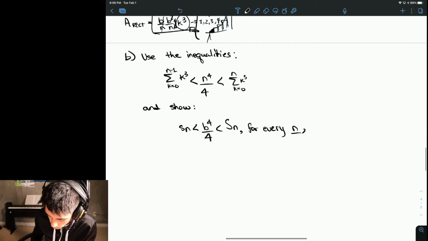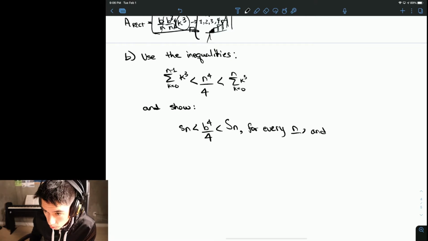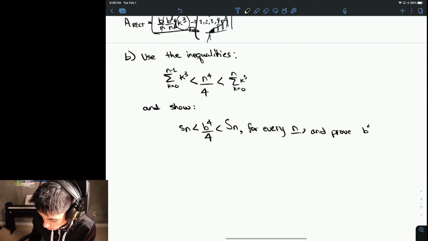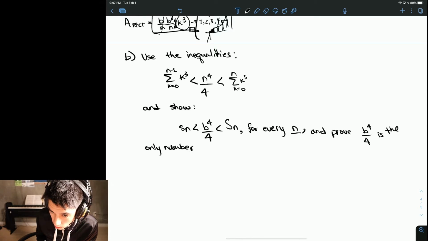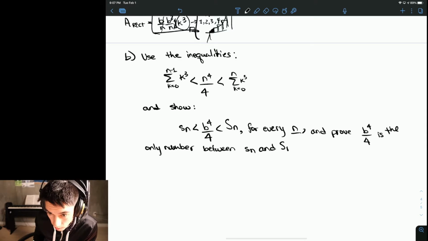And prove b to the 4 over 4 is the only number, I'm assuming only number, between s of n and S of n for every n.